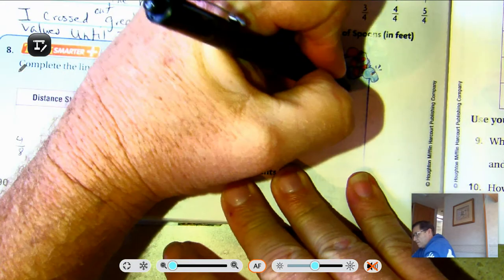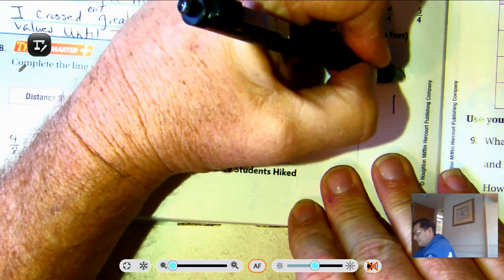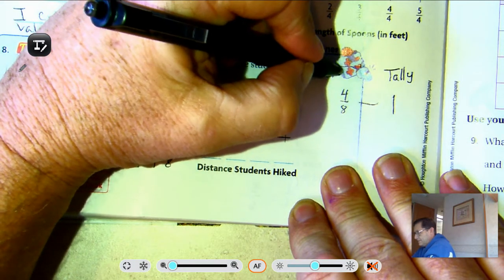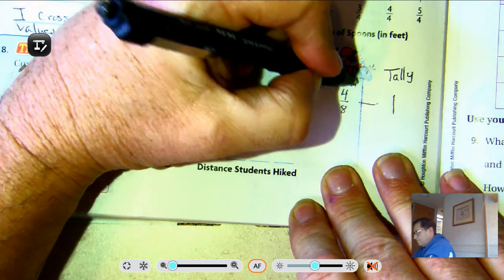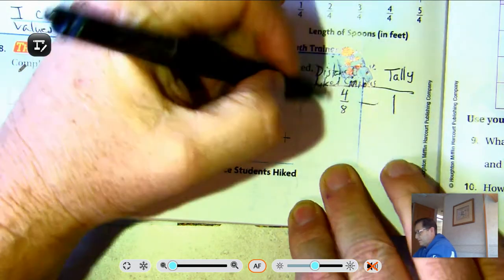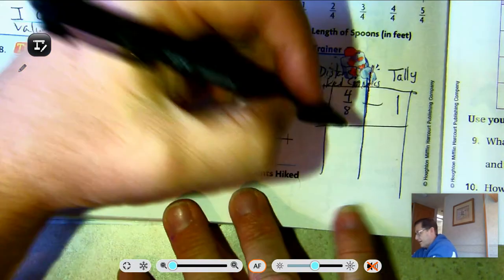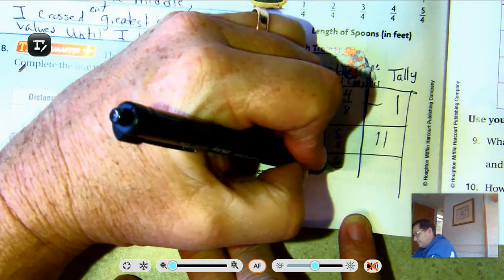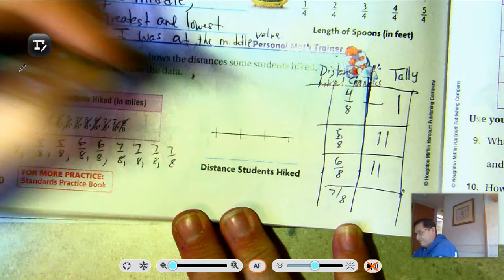We'd have distance in miles. So 4/8, 1. 5/8, 2. 6/8, 2. 7/8, 4.